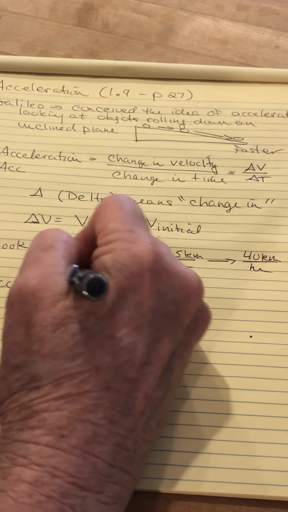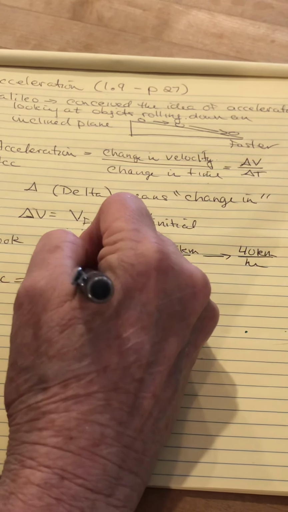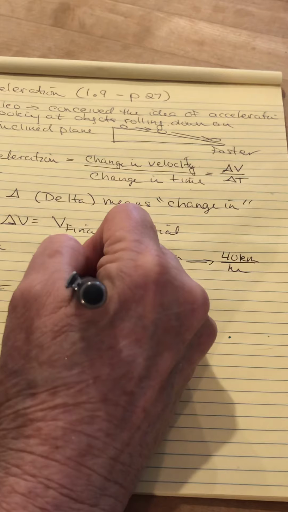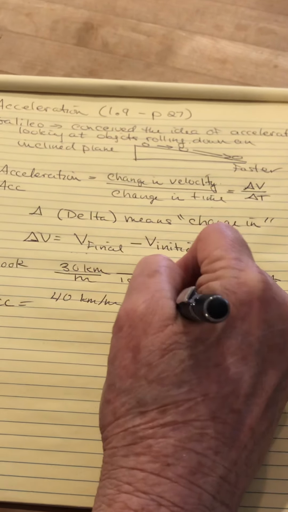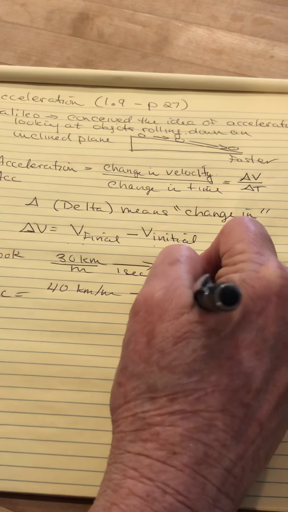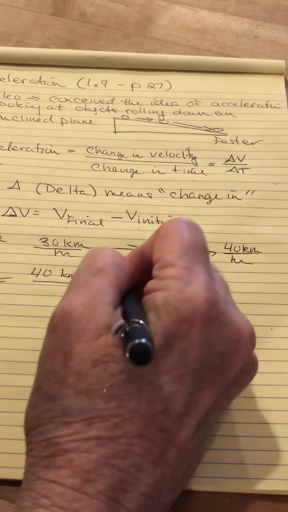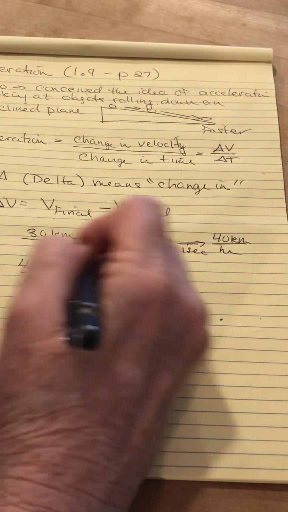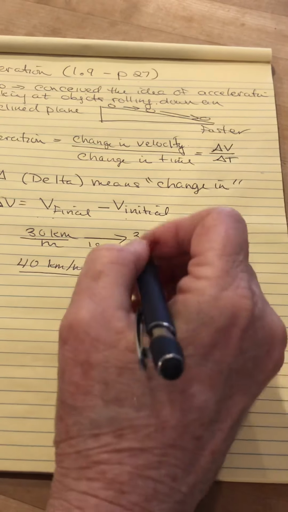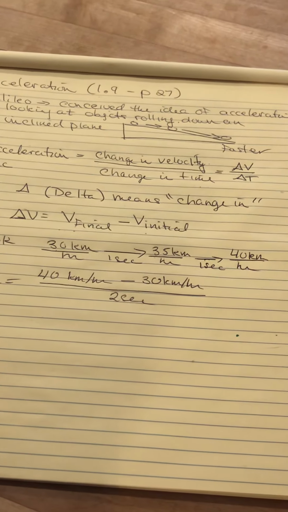The final velocity is 40 kilometers per hour. The initial velocity is 30 kilometers per hour. And that change has happened over 2 seconds. 1 second to go from 30 to 35, another second to go from 35 to 40.